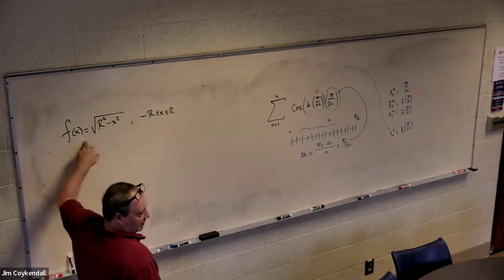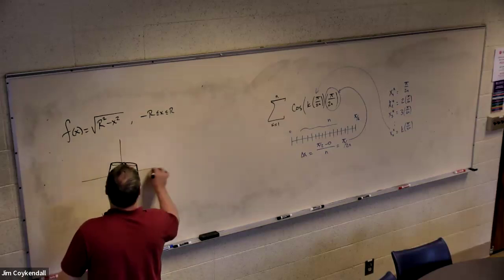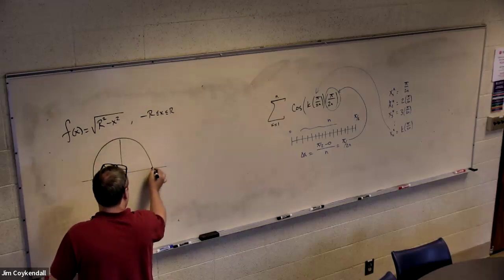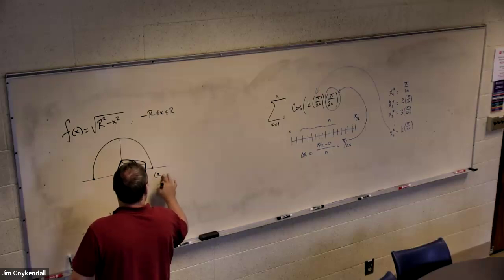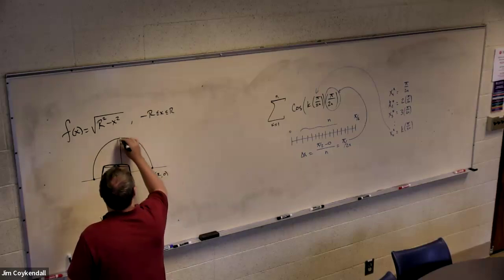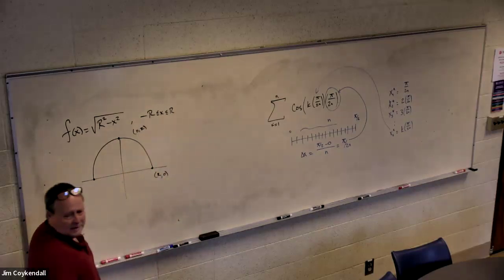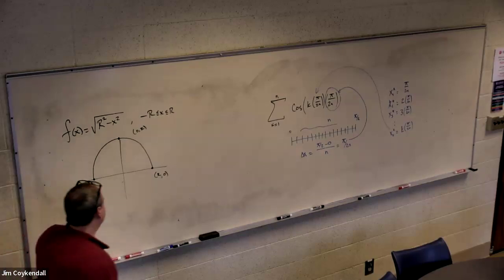What does this function look like? Yeah, this is like the upper half of the semicircle. So this is what it looks like. The question just says, find the area between the curve and the x-axis.